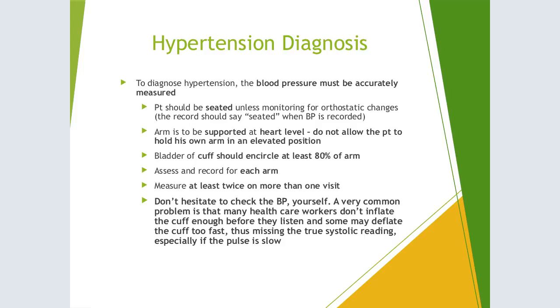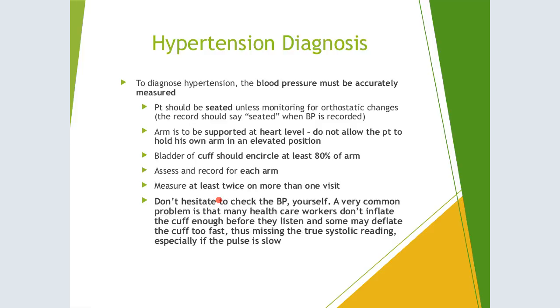When they're not seated, document as such. So document your blood pressure seated, then standing. Document seated, document standing, when you take the two different readings. If you have them lie down and then sit up and then stand, document which blood pressure goes with which position.